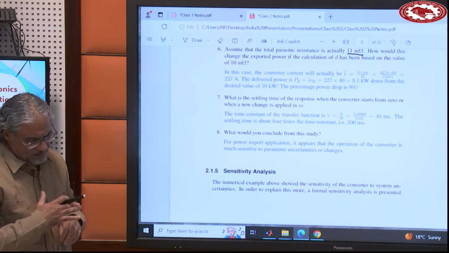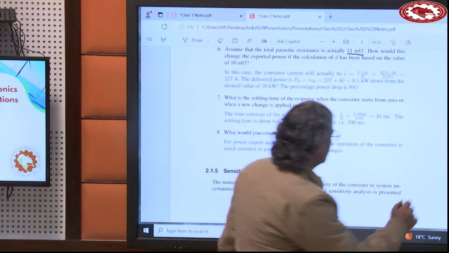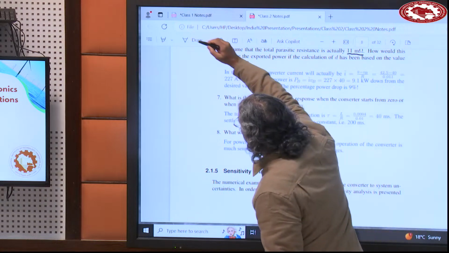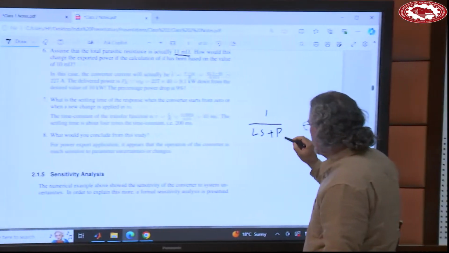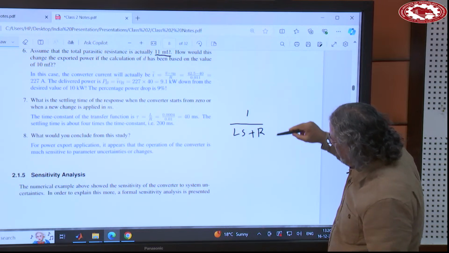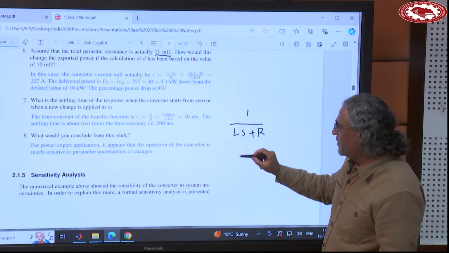If you look at the transfer function of the system, it has 1 over Ls plus R. Tomorrow we go into details of that. But for those of you who know transfer functions, the time constant of a transfer function like this is L over R.